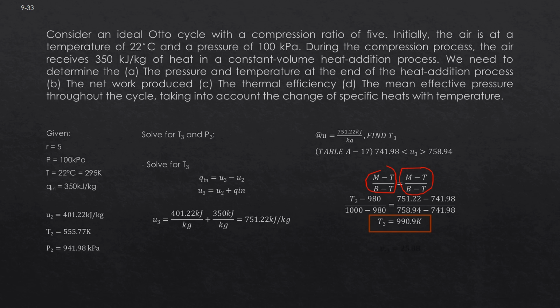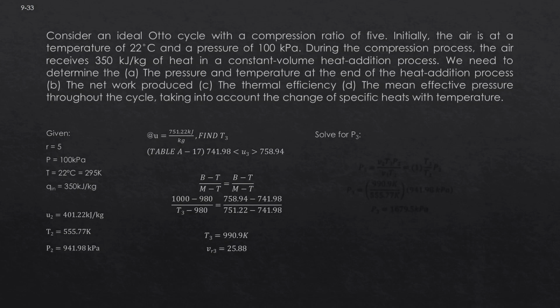So using the same equation, we can also find the V sub R3, and we will get V sub R3 is equal to 25.88. Now that we have the temperature, we can now solve for the pressure.